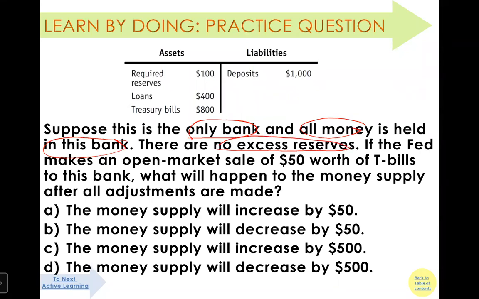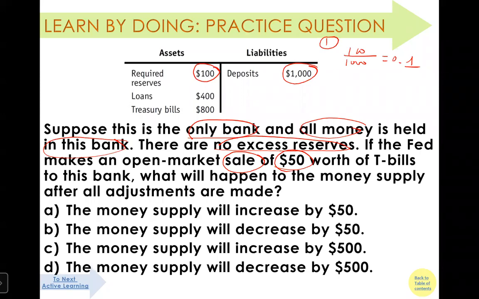If the Fed makes open market sales of $50 worth of T-bills, what will happen to the money supply? Okay, so there are two steps. Step number one, the easiest step, is we need to identify the reserve ratio. That's simple. That's 100 divided by 1000, equal to 0.1. This is step number one.